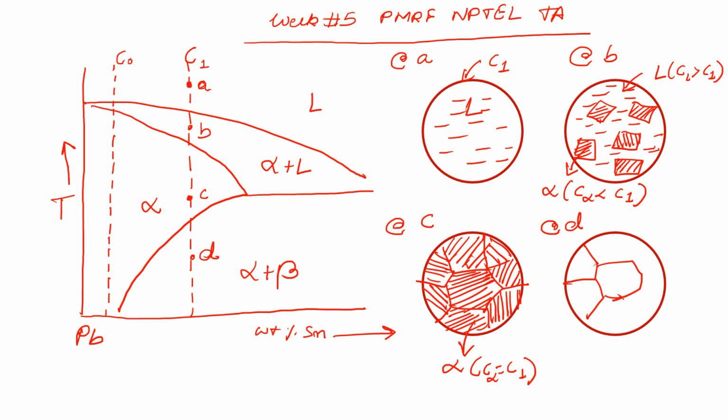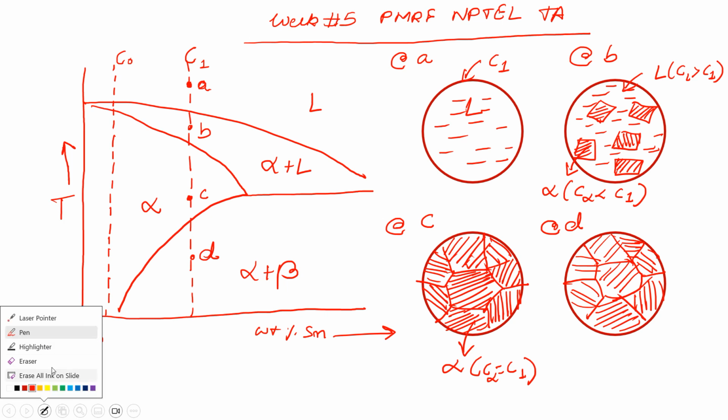So there is no liquid here, by the way, and let's say our microstructure is something like this as earlier. Something like this. So what will happen is, now we have some small crystallites of beta forming here as well.